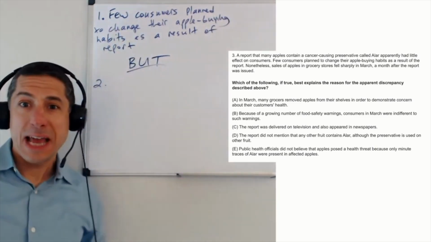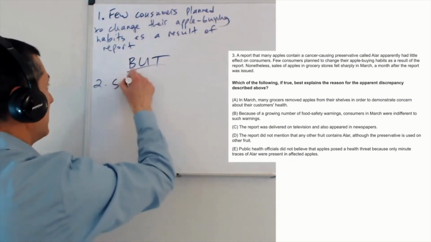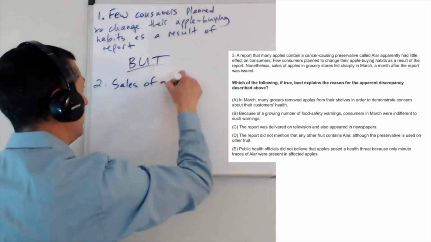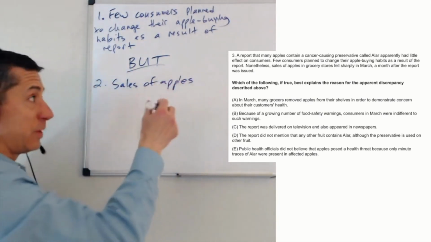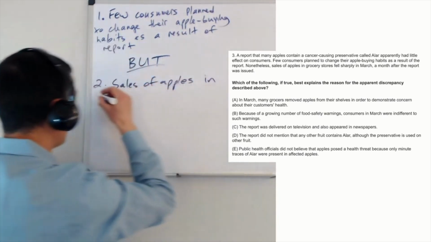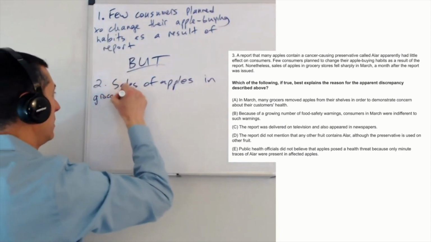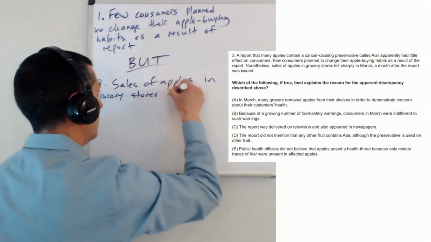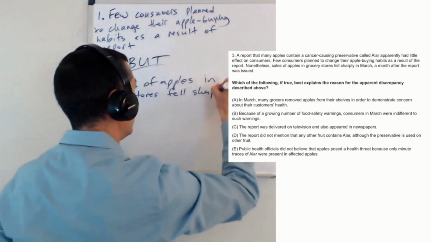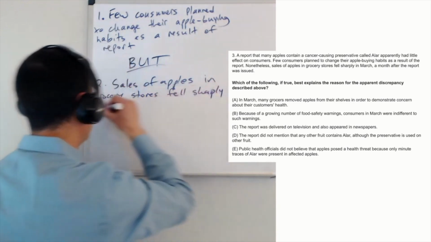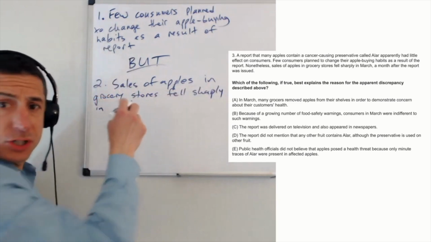But guess what happened? Sales of apples in grocery stores, so where consumers often shop, fell sharply in March, a month after the report was issued.